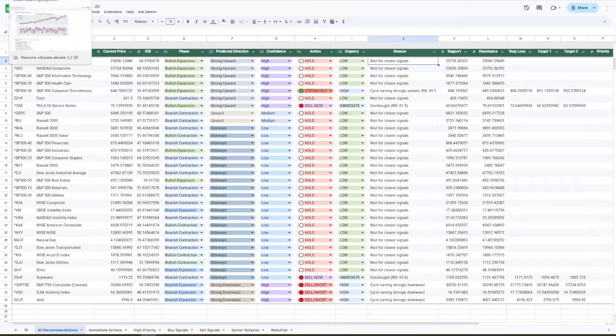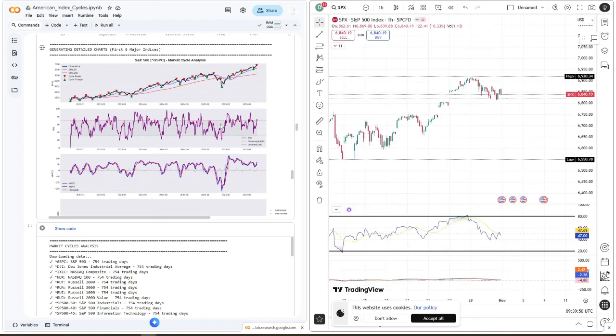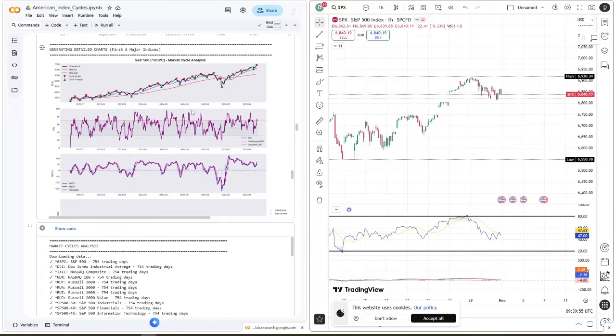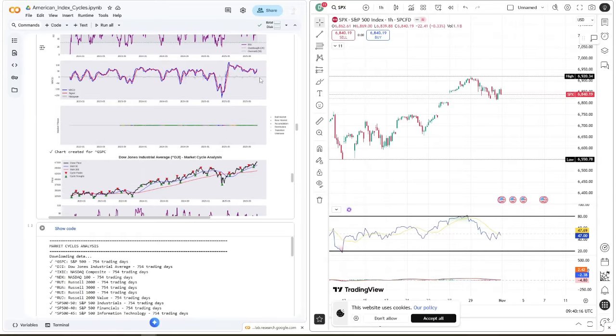If we go back and see the TD Sequential, here we have a red arrow down, which tells us the market is overextended. You start to have a sell signal from the TD Sequential indicator.